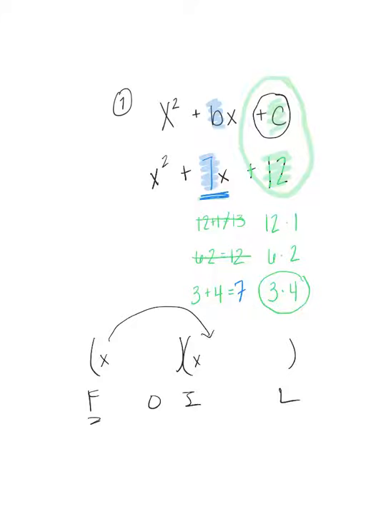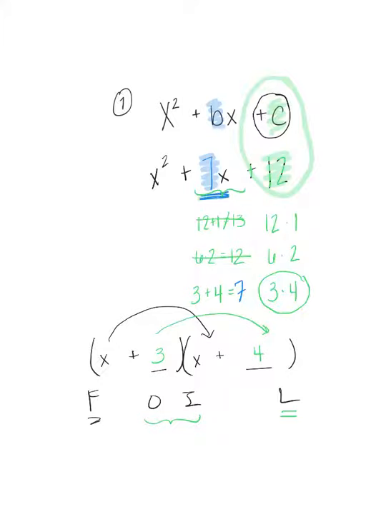So when I split up x squared plus 7x plus 12, I'm going to have x plus something here times x plus something here. How do I find those factors? Well, I want my end factors to be the ones that, when they add up, equal my 7. So which ones work? Well, x plus 3 and x plus 4.